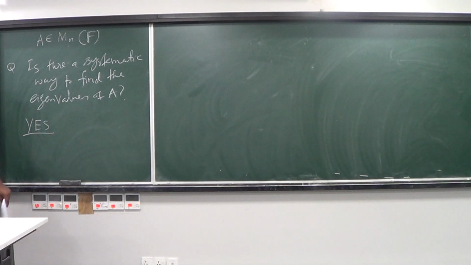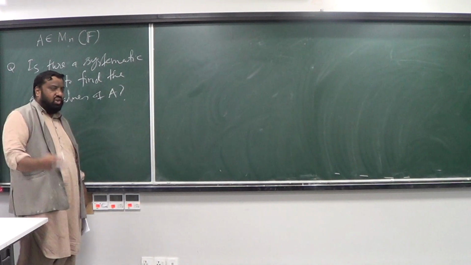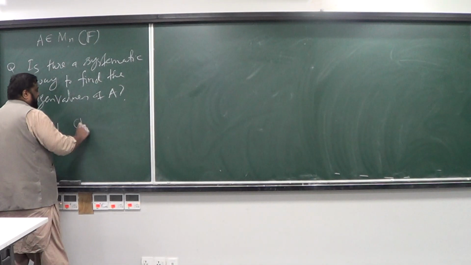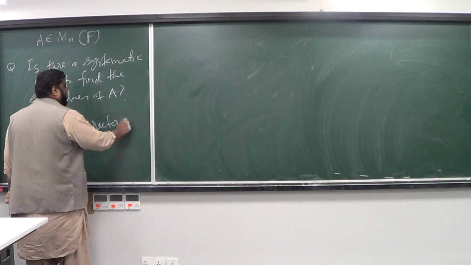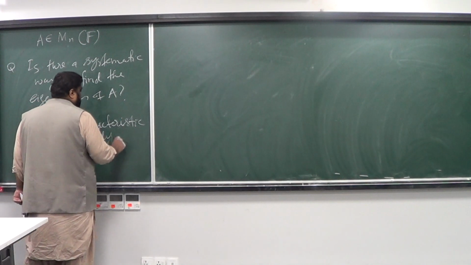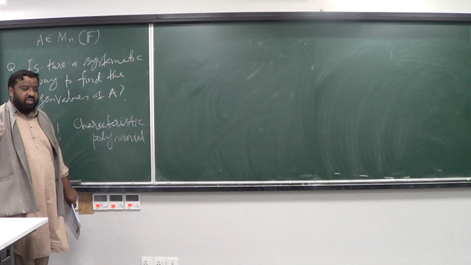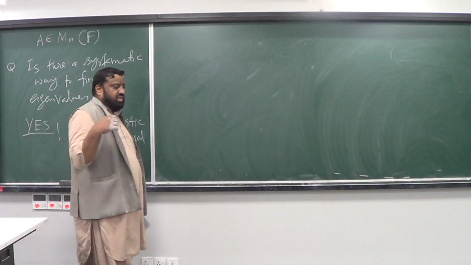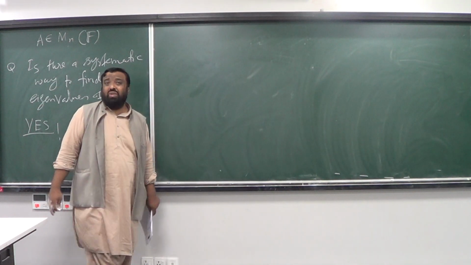Probably you already know it from your first linear algebra course: that magical thing that is going to give you all the eigenvalues is the so-called characteristic polynomial. We'll see what the characteristic polynomial is, how to find it, and why the roots of the characteristic polynomial are eigenvalues.